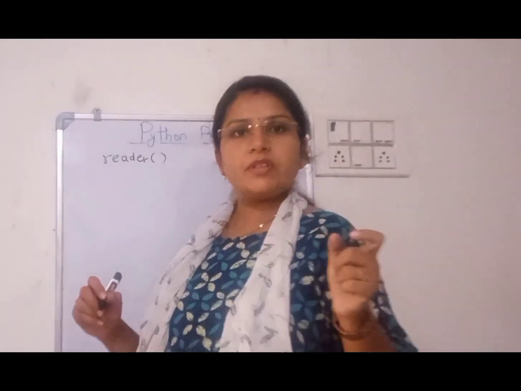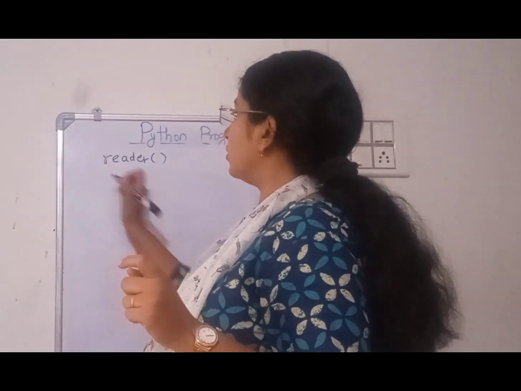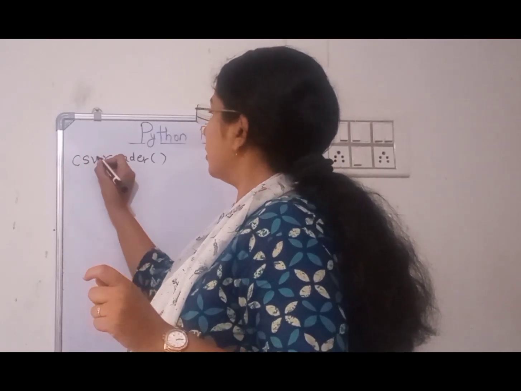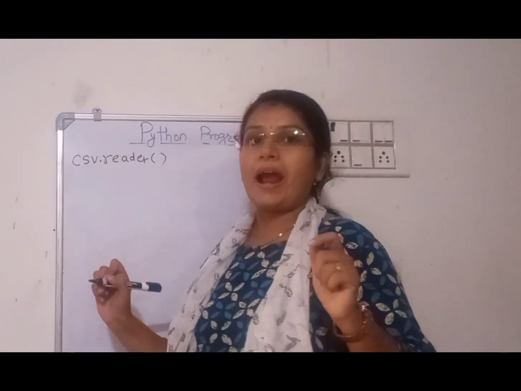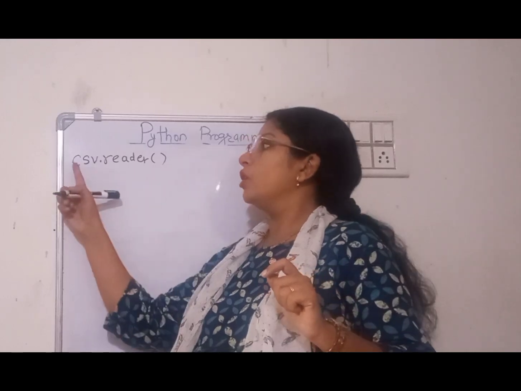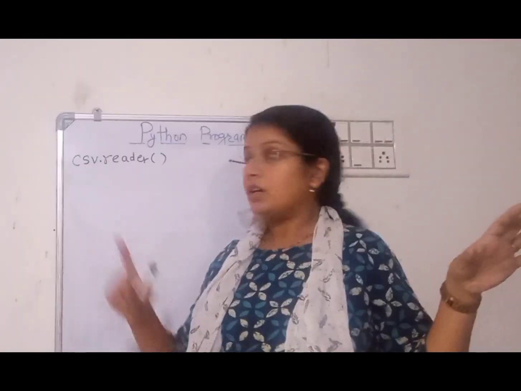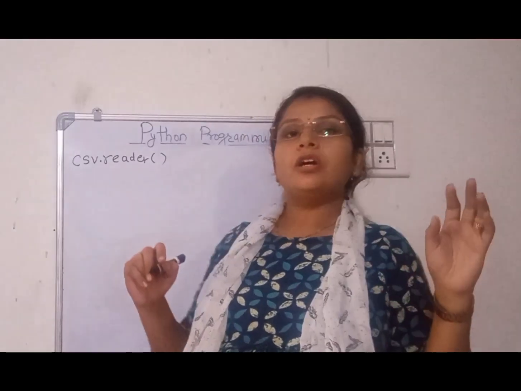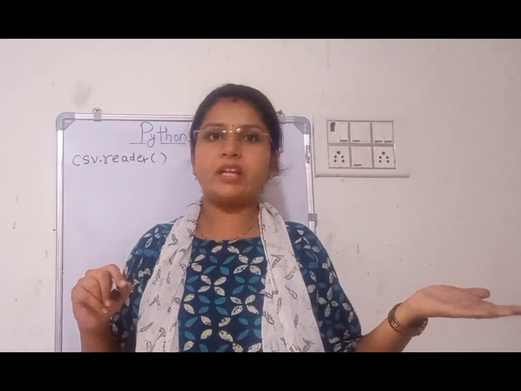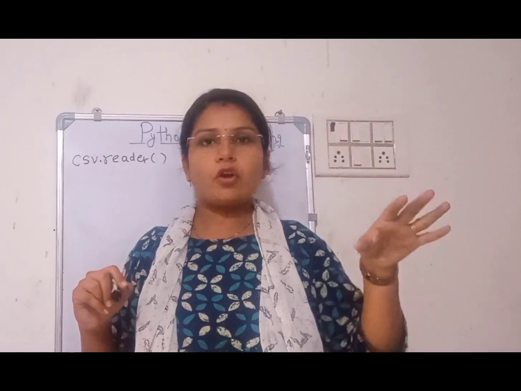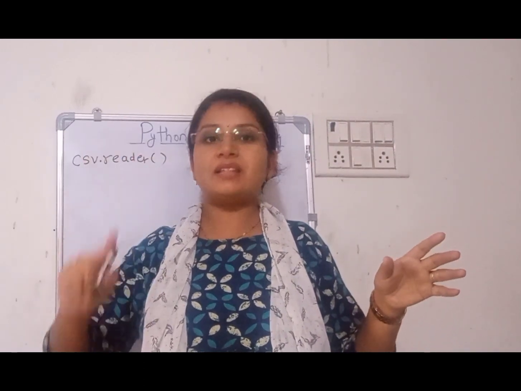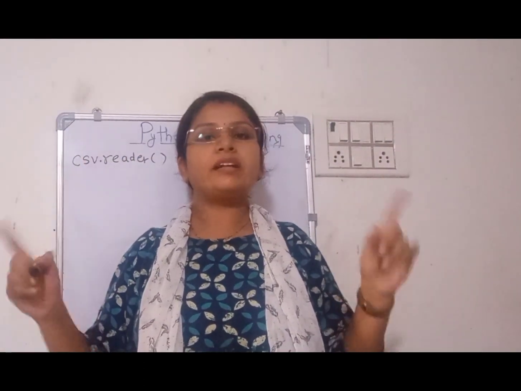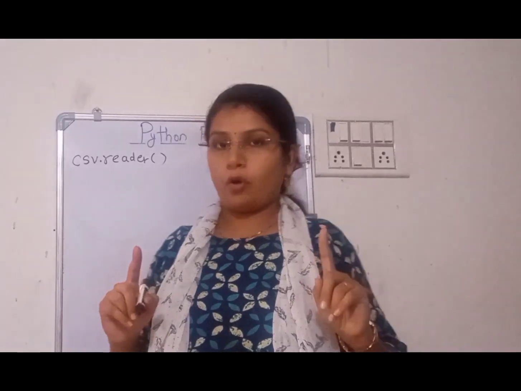CSV is the module which we need to use, so we call it using the dot operator and reader. Your reader object name is a keyword-style name you can choose familiarly, so your reader object name is equal to csv.reader. That's how you create the reader object.